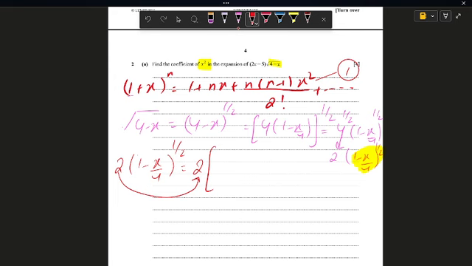So I can write it as 1 plus, according to equation number 1, 1 by 2 times (−x by 4) plus 1 by 2 times (1 by 2 minus 1) times (−x by 4) whole square, and whole dividing by 2 factorial, bracket close. Let me write at the bottom, it's not giving me much space.